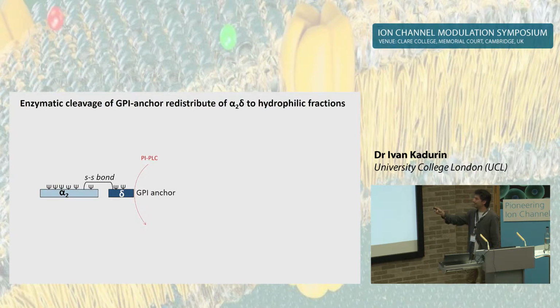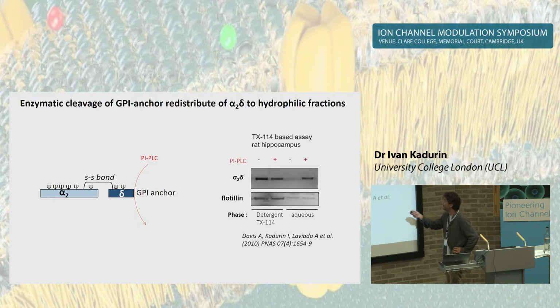And just one experiment from a long time ago, when I first started in the lab of Annette Dolphin. I was able to remove the GPI anchor using the enzyme PLC, which chops off the hydrophobic part of the protein.